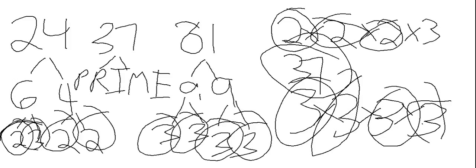Okay. So 2 times 2 is 4, obviously. Times 2 is clearly 8. 8 times 3 is 24. 24 times 3 is 72. 72 times 3 is 216. 216 times 3 is 648.